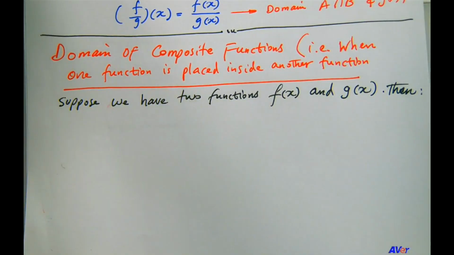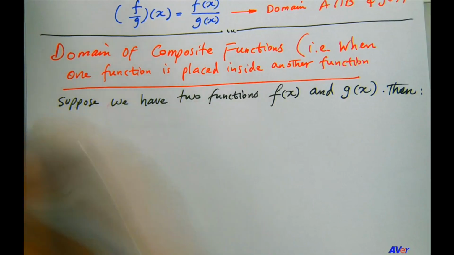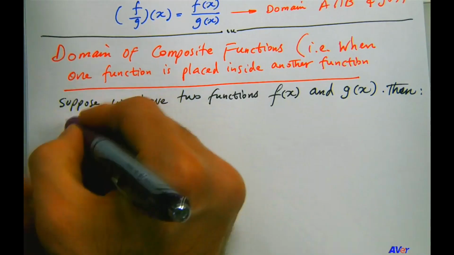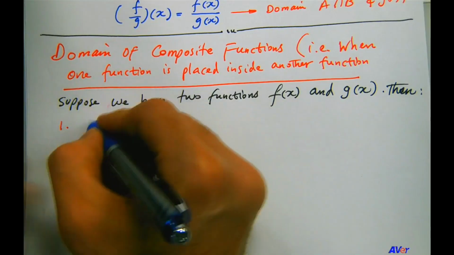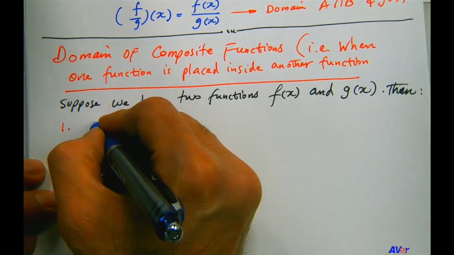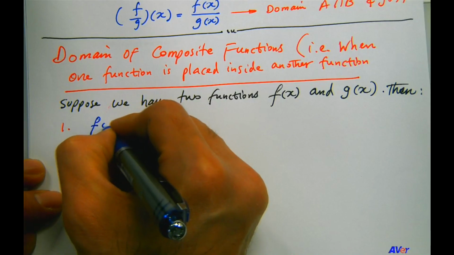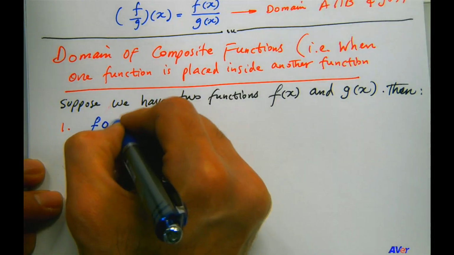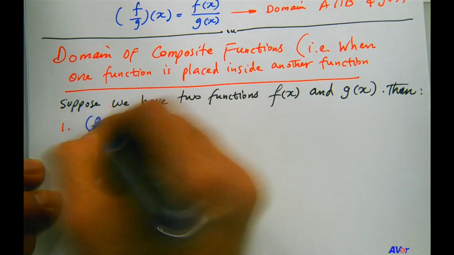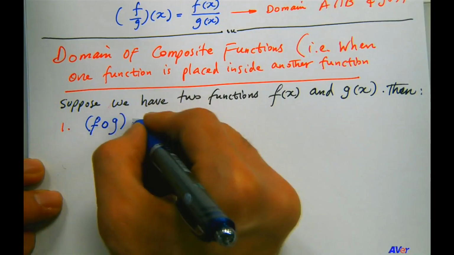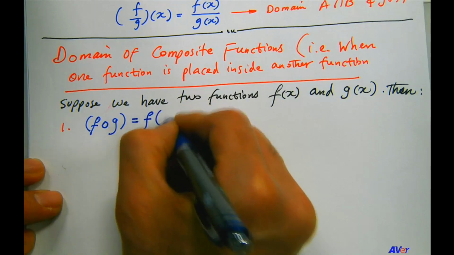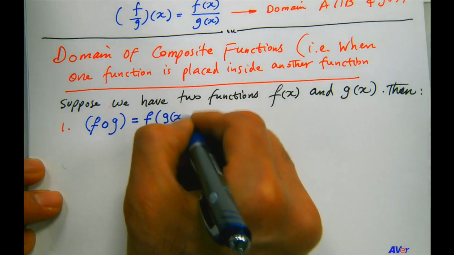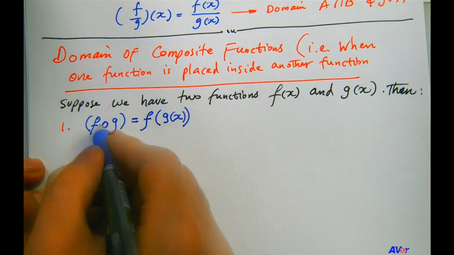I could call them by numbers, so let me list them. So 1, f, this hollow circle g, that's equal to f with the function g of x placed inside of it.